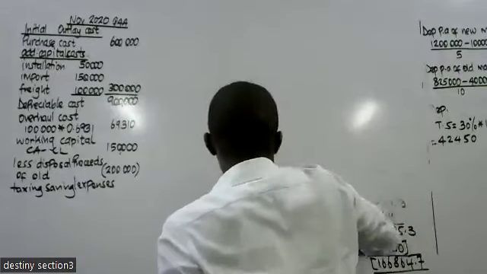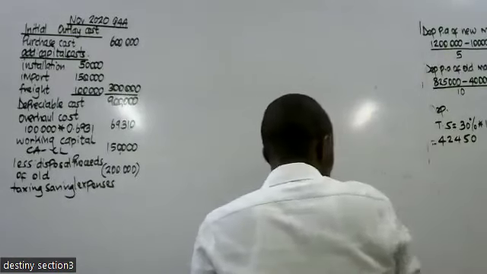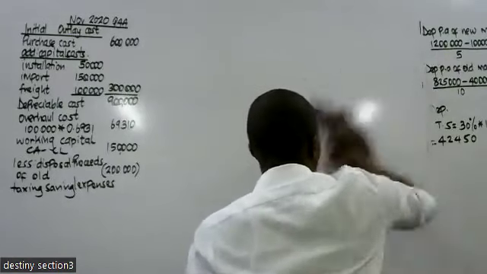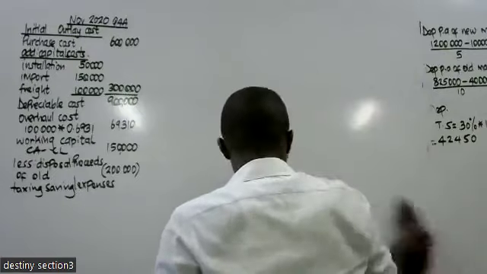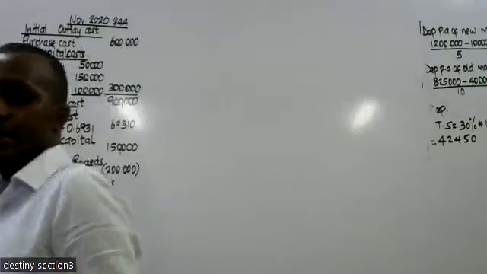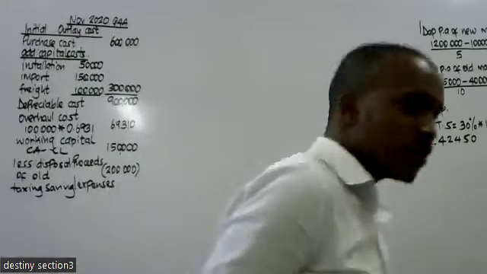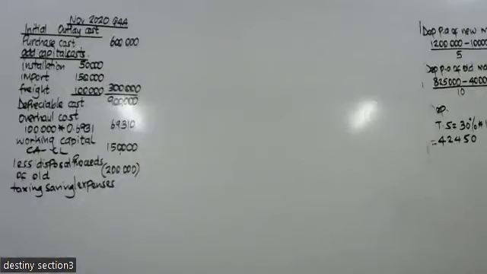There is something you must do. We say about the do class. Ati unafanya namna gani? You must determine the net book value of the asset you are disposing of, and the asset you are disposing of is the old machine.